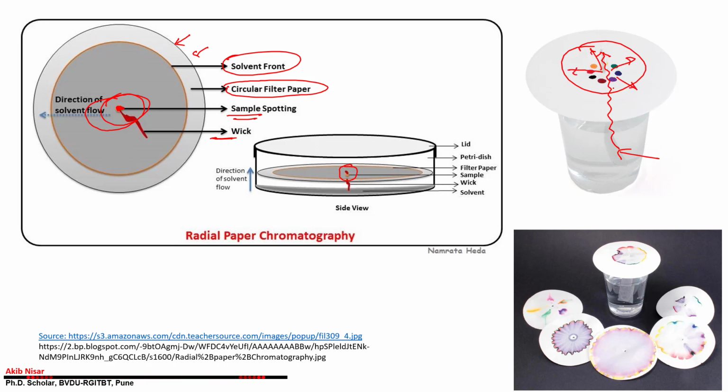Along with that solvent or mobile phase, the colors, or any type of solids, will separate out, depending on their affinity. Here are some examples where different colors have been separated on the basis of radial paper chromatography.